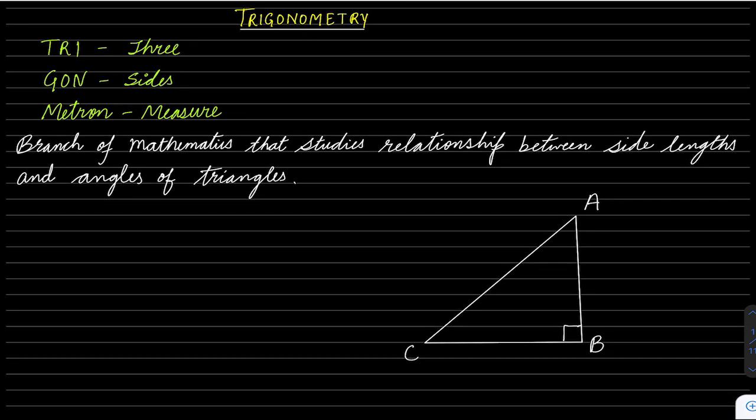So basically trigon means a triangle, a polygon with three sides, a closed figure. Metron means measure. These are all Greek words. So trigonometry basically means the branch of mathematics that studies the relationship between side lengths and angles of a triangle.